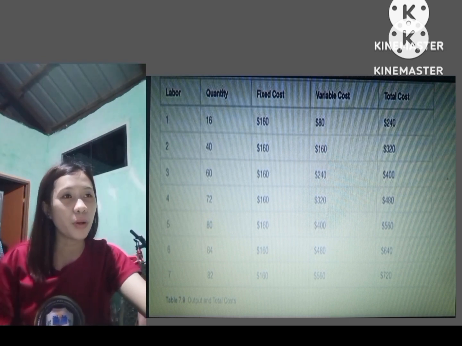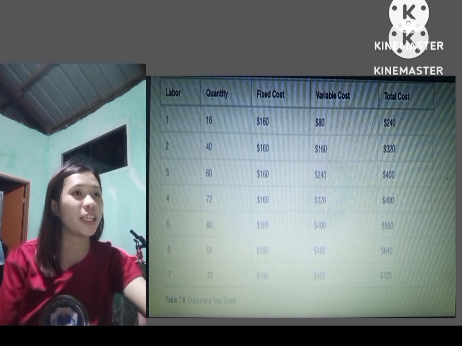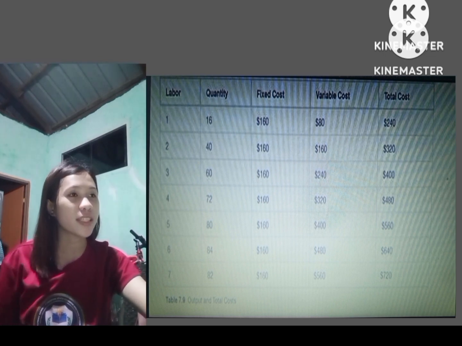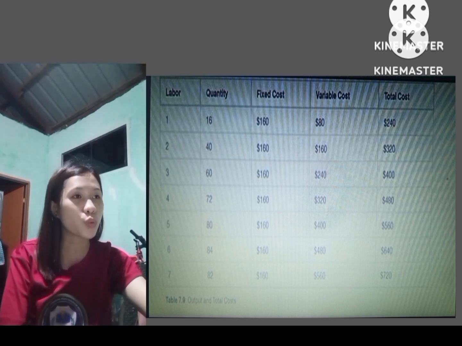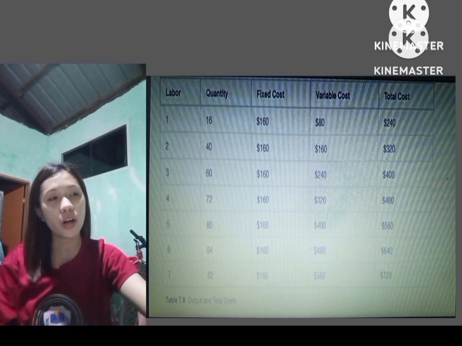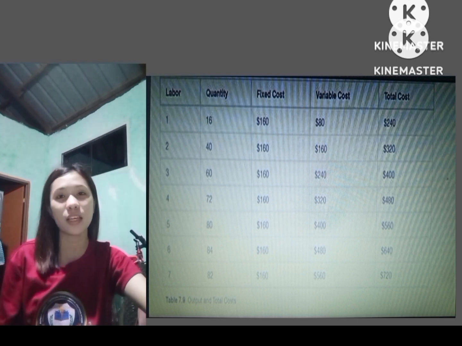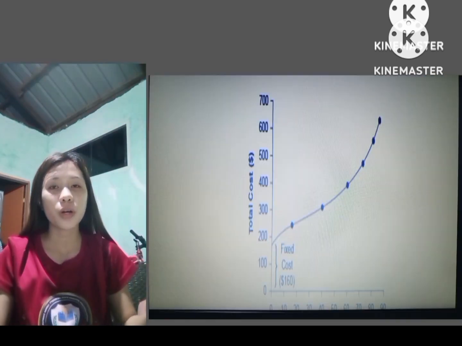So another example in level 2. Our quantity is 40, then our fixed cost is 160. Then our variable cost is 160 also. Then therefore our total cost is $320. Kay gi-plus man siya. I-plus ra na siya. And we also have a graph.